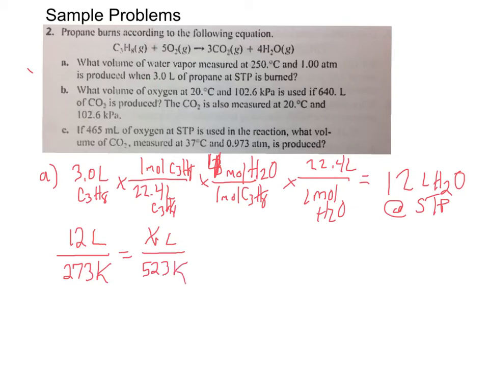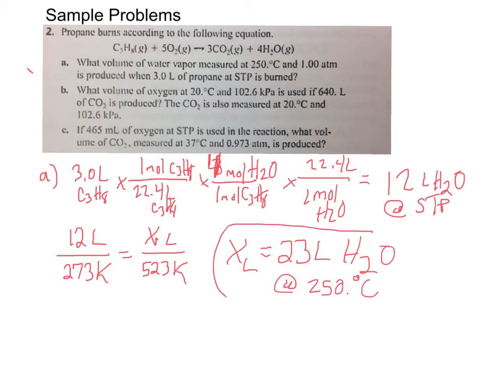That's the 250 Celsius changed. Then you just do the math, and it turns out to be 23 liters of water at 250 Celsius. So for those of you who hate to label things, this is going to be pure misery.